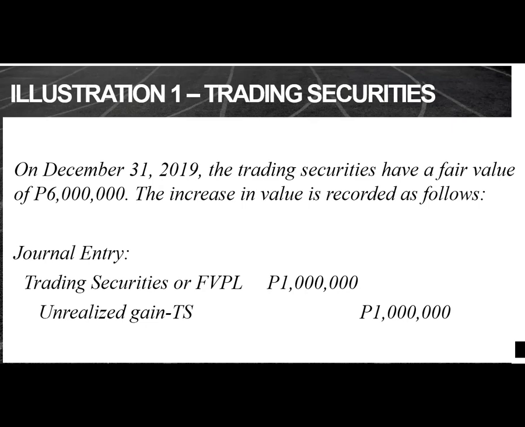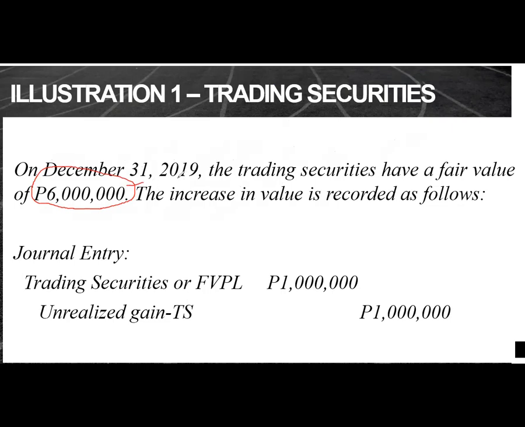So therefore, kung i-compare natin, kasi 'di ba kanina, ang balanse ng ating trading securities ay 5 million. So pagdating ng December 31, naging 6 million siya. So dapat, kasi financial assets at fair value through profit or loss, so ibig sabihin, dapat i-measure natin siya at fair value.